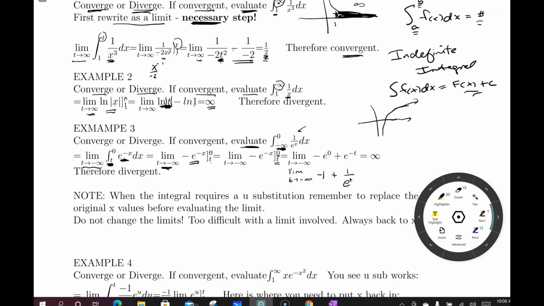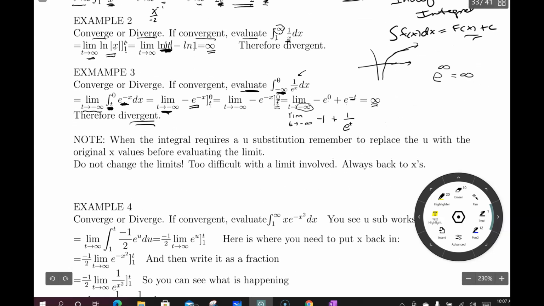Putting in negative infinity gives me e to the negative infinity in the denominator, which comes upstairs to be e to the infinity. You don't write it, but you think it: e to the infinity is infinity. So it diverges.